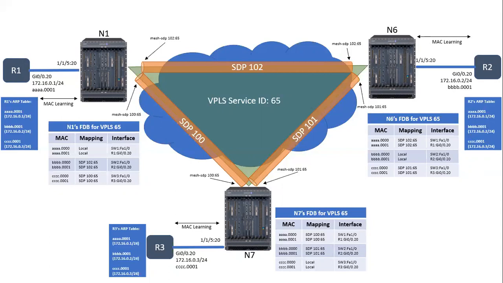Traffic doesn't have to travel through a service distribution point from N1 in order to reach R1. So inside of the VPLS service's forwarding database, our mapping for R1's particular interface, which is all A's.0001, is going to be local.